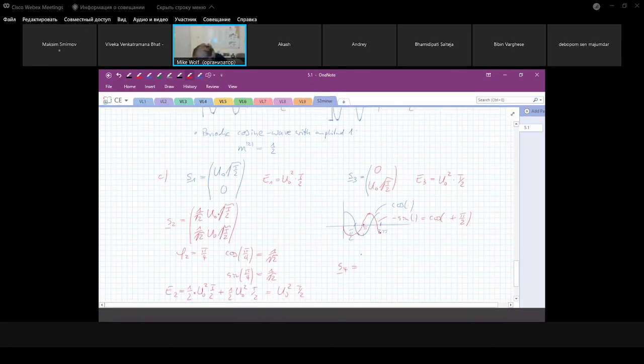So this means this value is minus 1 by square root of 2 u naught times square root of t by 2. And the next component, sine of this, I just have to draw it. This is a sine. Here is pi. So this is also negative, minus 1 by square root of 2 u naught times square root of t by 2. So, and now we have all the signal vectors.